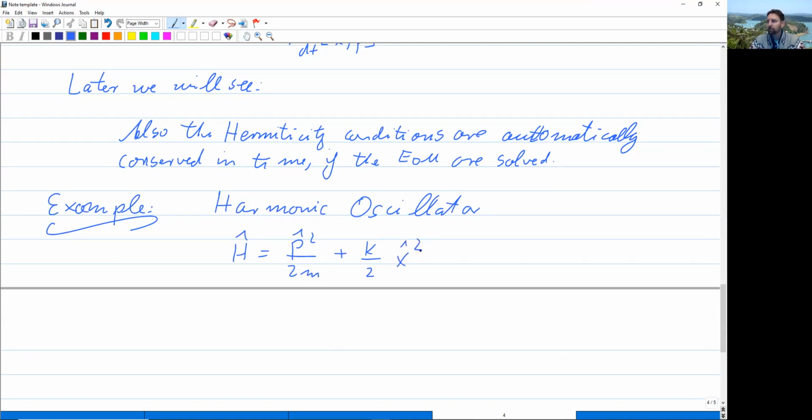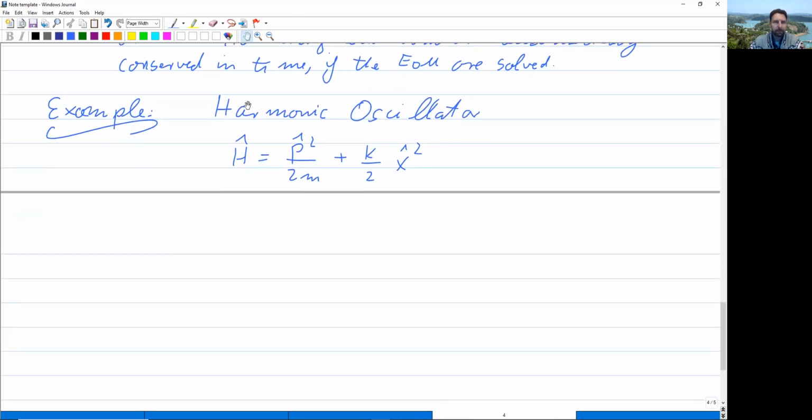Why is it so important? Now, cynics would say it's so important because it's one of the very few systems we can explicitly solve. True, true. But it's also intrinsically super important. And that's because it just comes up all over the place.